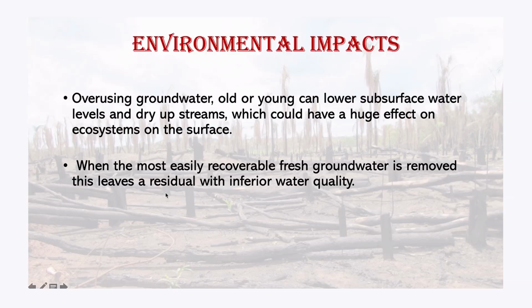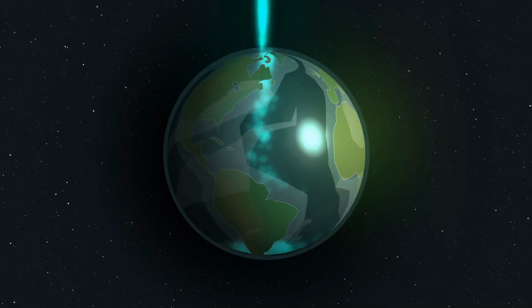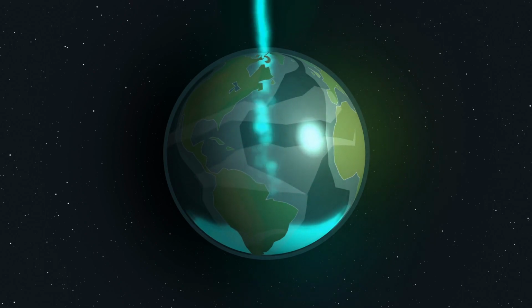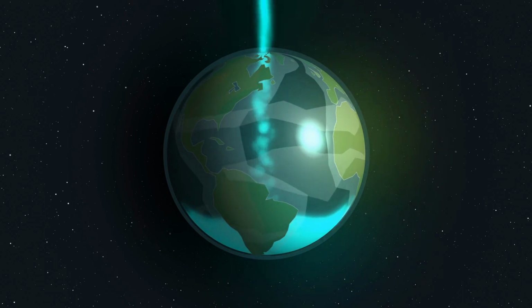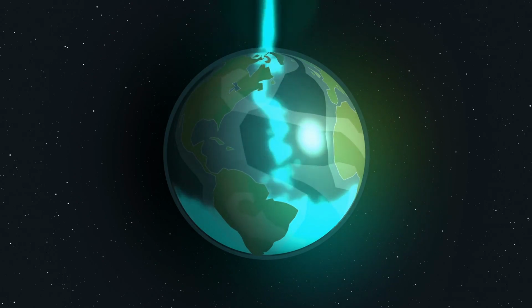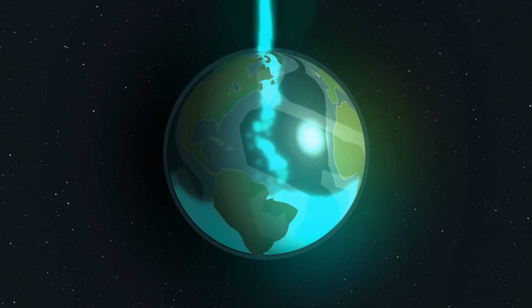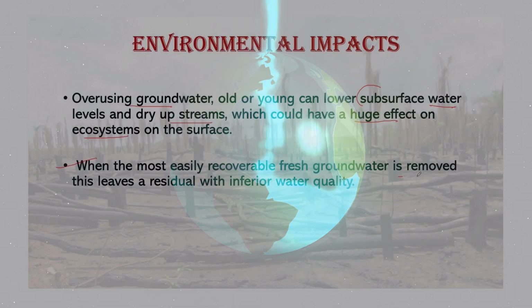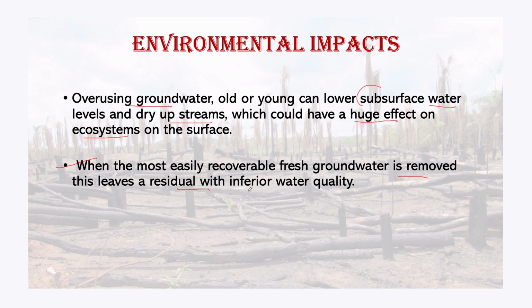There are environmental impacts of such depletion of groundwater also, because overusing groundwater, old or young, can lower subsurface water levels and dry up streams, which could have a huge effect on the ecosystem on the surface. When the most easily recoverable fresh groundwater is removed, this leaves residual with inferior water quality.